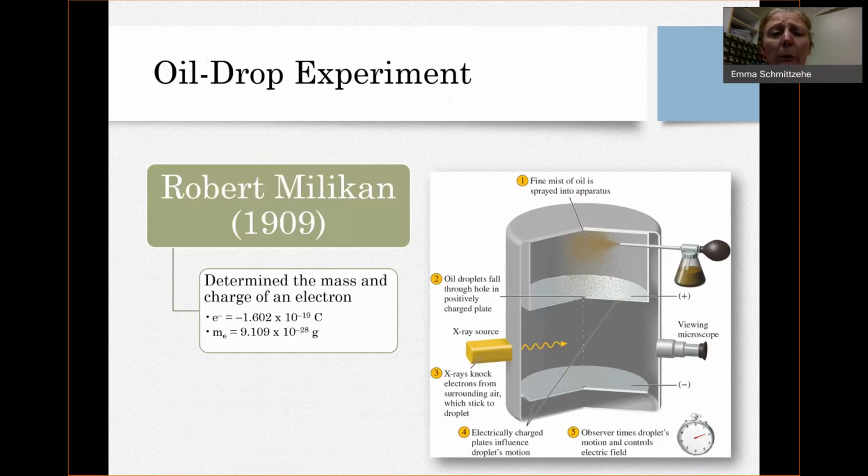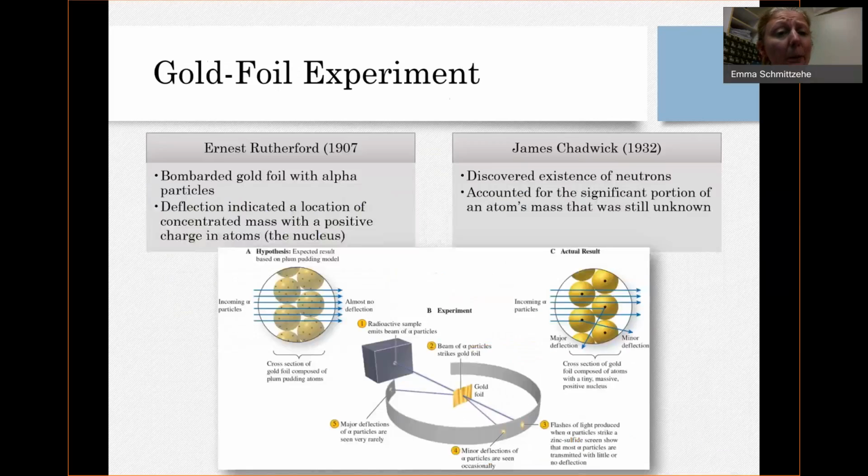And then another really important experiment was the gold foil experiment done by Ernest Rutherford. Rutherford took a thin gold foil, about one atom thick, and bombarded it with alpha particles.